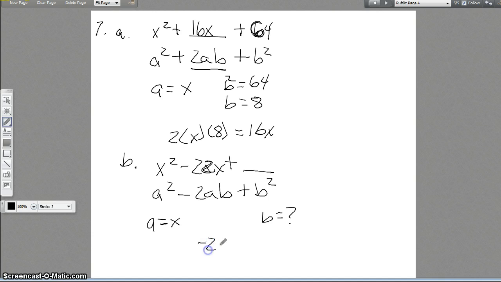So if negative 2ab is equal to 22x, and we know that a is just an x, so I'm going to go ahead and replace that with an x here, then that means that negative 2b has to be 22. So b has to be negative 22. So our b must be 11. So we need to square the 11 to put it in this last place, which is 121.